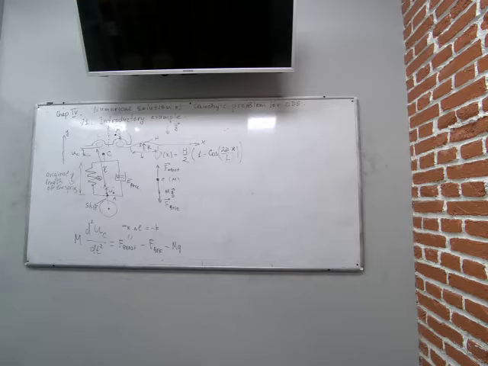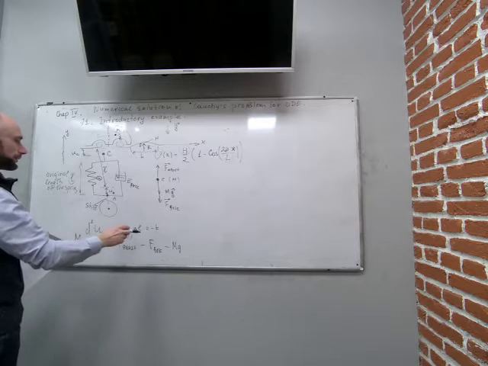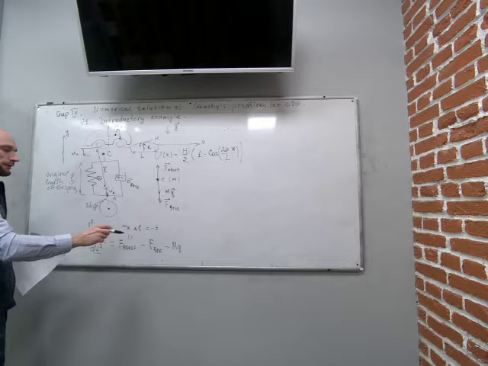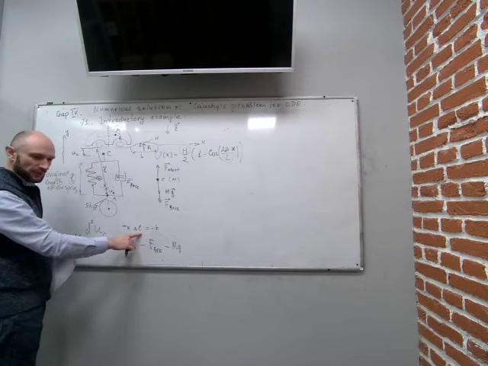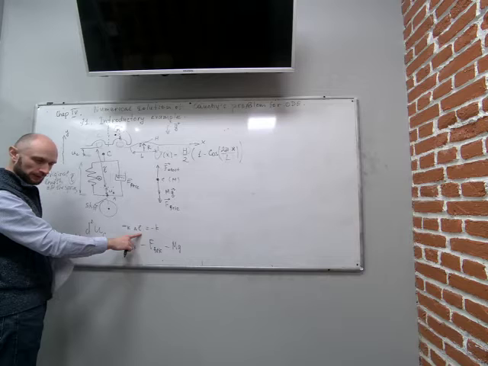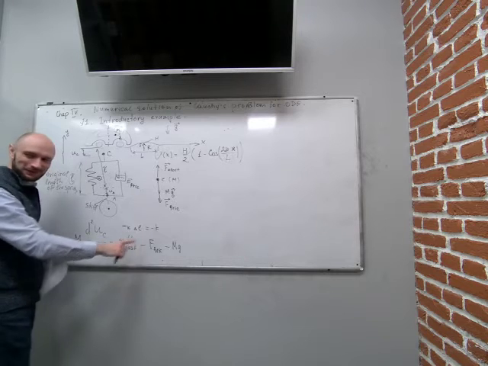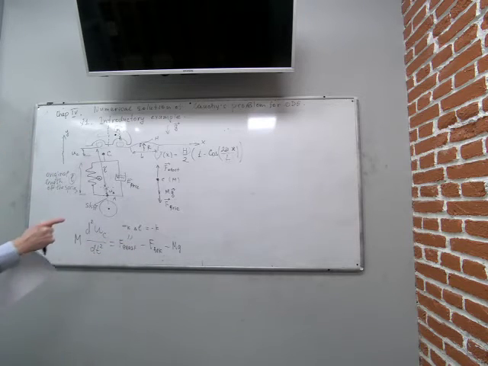If you are making your spring longer, delta L is positive. It's negative when it is shorter. Do you want this delta L to be negative when you are making your spring longer? No. Okay, so it is that.